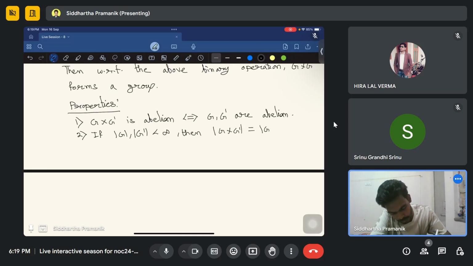It is just the product of cardinalities.